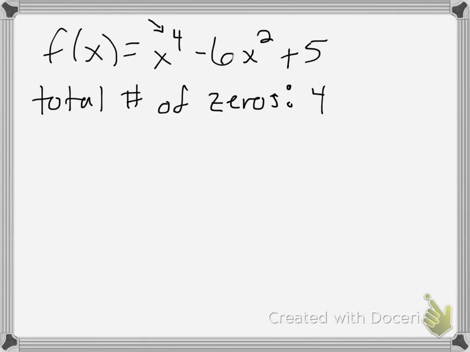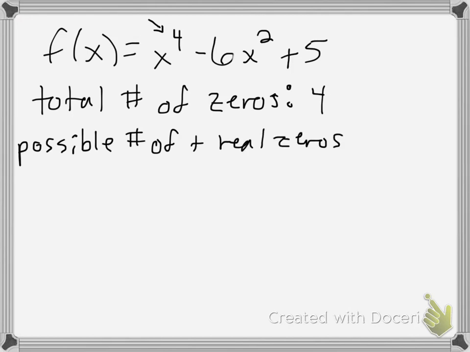Now we'll use Descartes' law of signs to determine the possible number of positive real zeros. If you remember from either yesterday or Tuesday or both, we look at the number of sign changes within our polynomial.